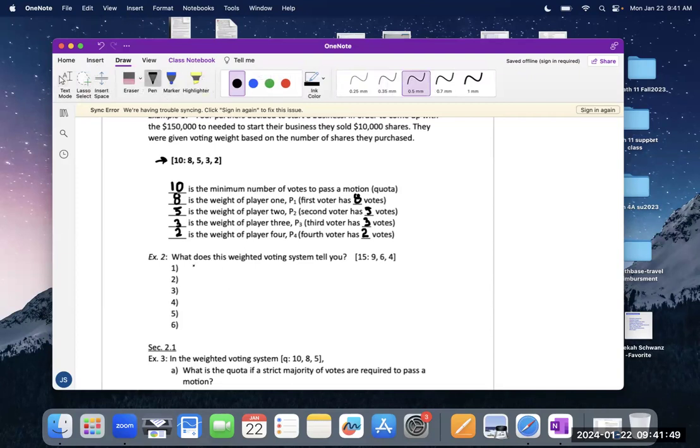I'll just write it. Okay, the quota is 15. What else does it tell us?